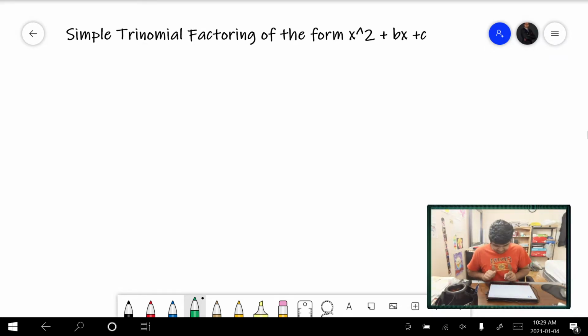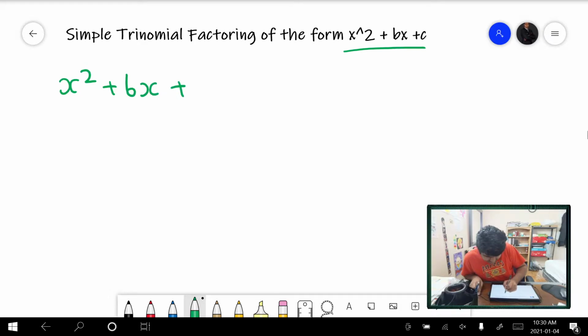Okay, so the key today is going to be this formula that I've already listed up here. Let's write it out. X squared plus bx plus c. But I'm going to change a couple of these colors.